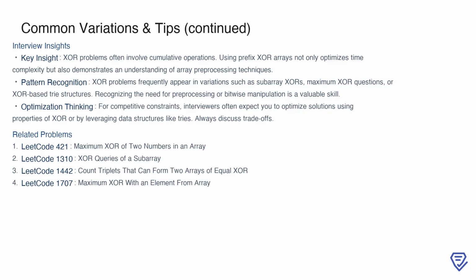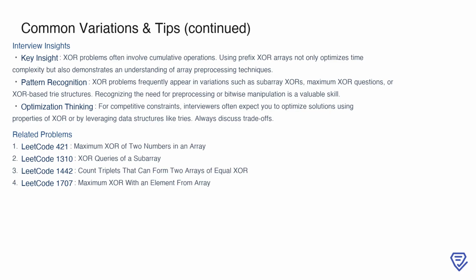Now, let's look at some interview-specific insights related to this problem. A key takeaway is that XOR problems often involve cumulative operations. Using a prefix XOR array not only improves time complexity but also showcases your ability to pre-process data, a skill that interviewers value highly. Another important aspect is pattern recognition. XOR problems frequently appear in various forms, such as subarray XOR questions, maximum XOR challenges, or even XOR-based tree structures.